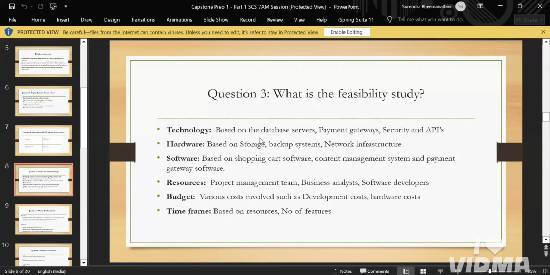It will be better for you to understand, and in future when you look back at your PDF or Word document, you can understand it in a very good way. So write down the feasibility study in general, and then go for technology and hardware, software, resources, budget, and time frame based on the case study.